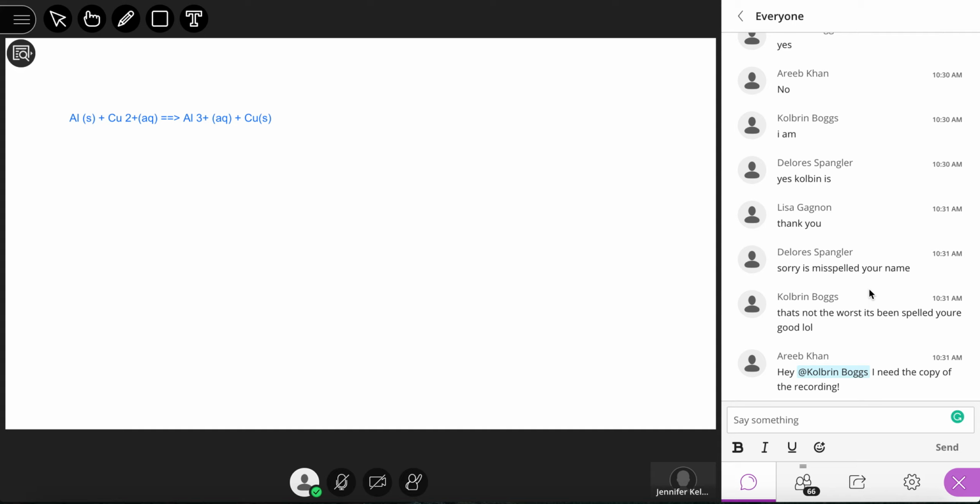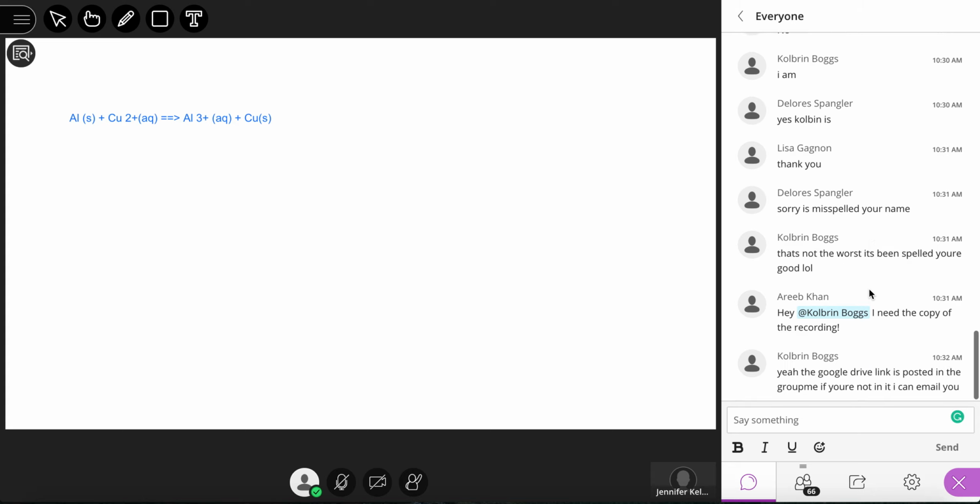All right. So the first thing that you do when you look at this is you want to give it oxidation states or oxidation numbers. We're going to use those oxidation rules that we went over last Friday. Aluminum is a solid, so it's a plain element, and it's not got a charge.